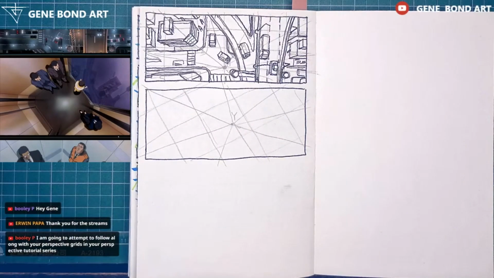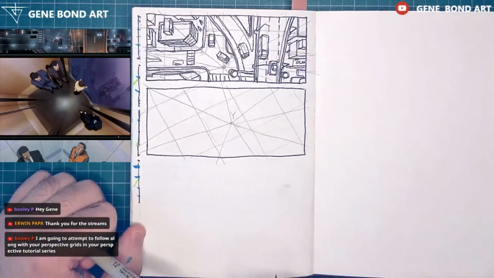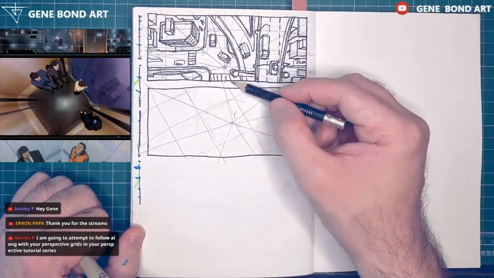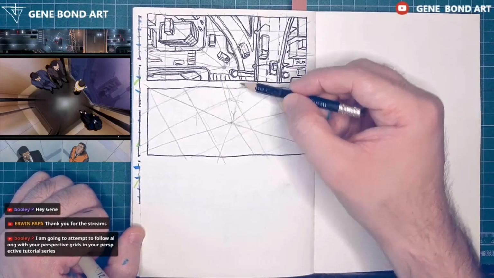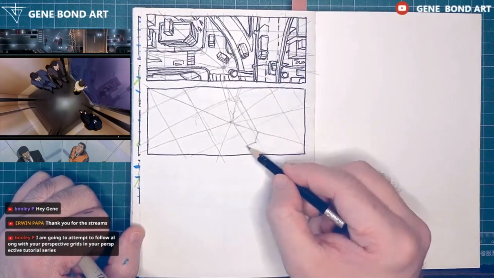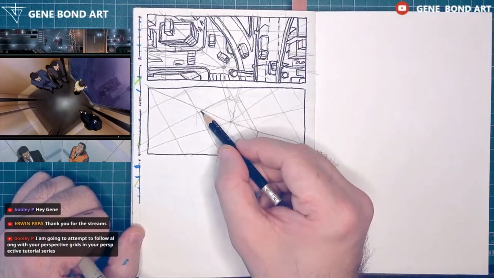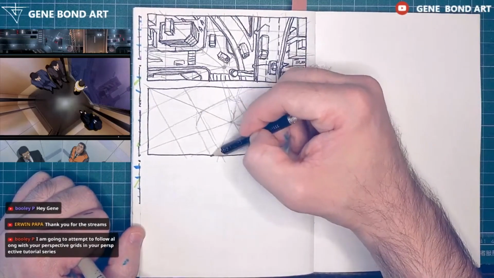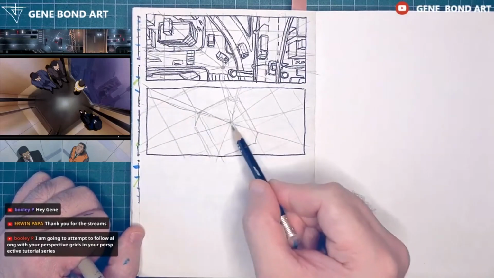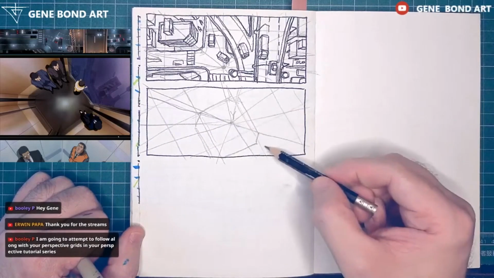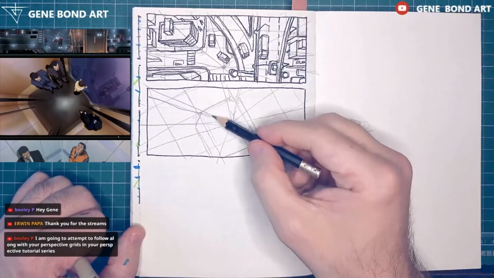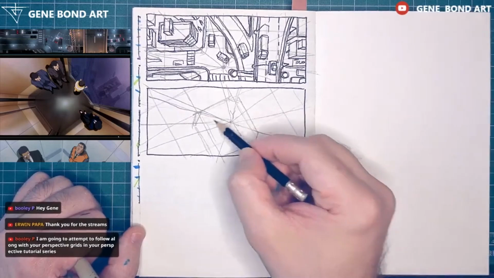So here again we have the perspective grid, and then we can make shapes. Say the shape of the bottom of the floor in the elevator. Shape of the elevator corners. Shape of figures.